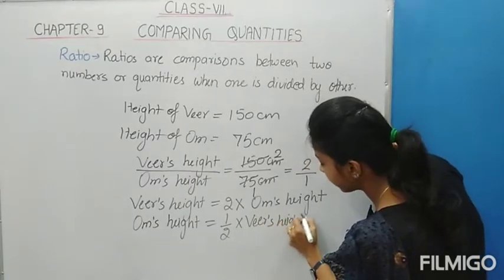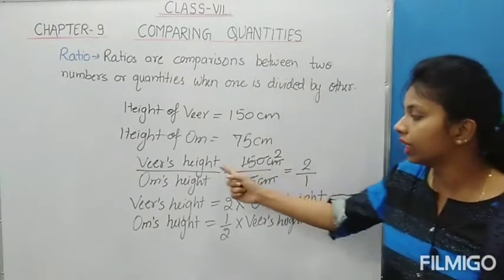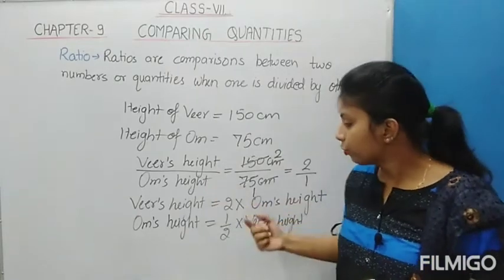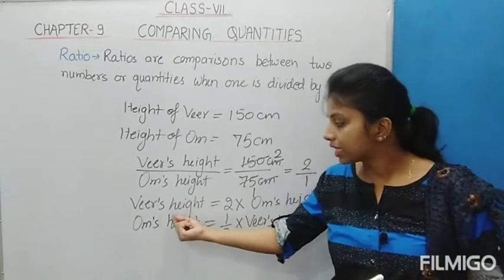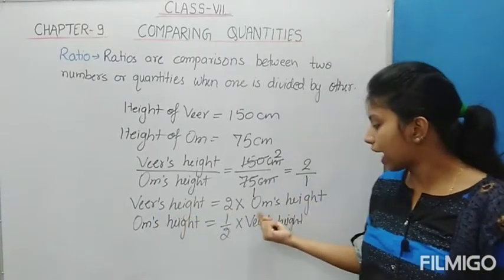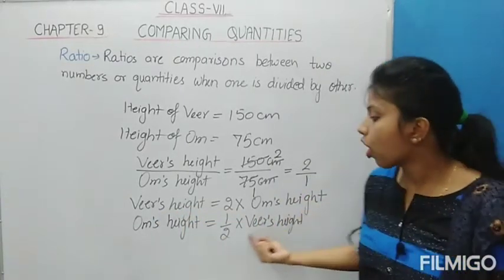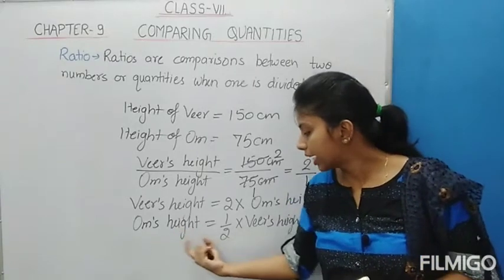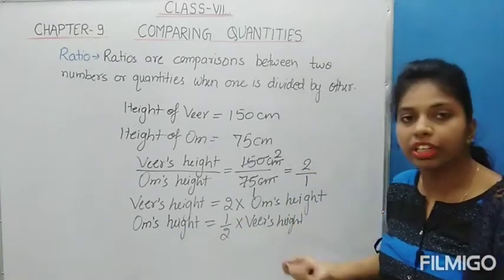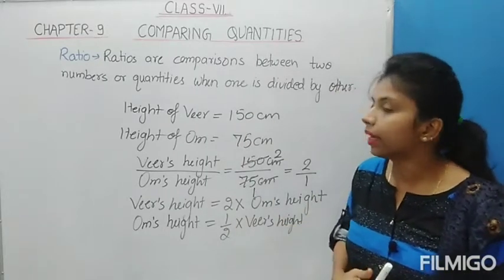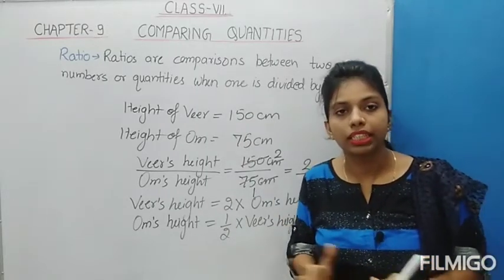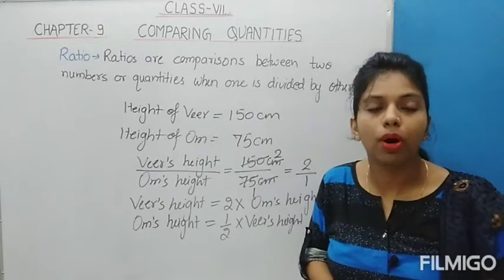Means with the help of this ratio between Veer's height and Om's height, we can compare these two quantities. So this is the way we can compare any two quantities by the help of ratio.